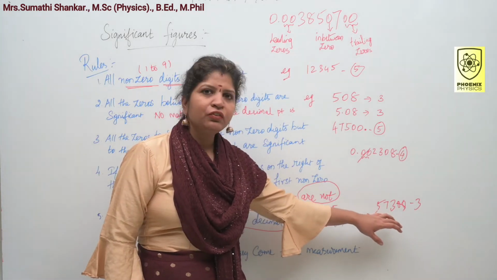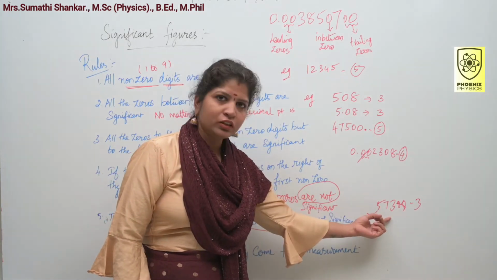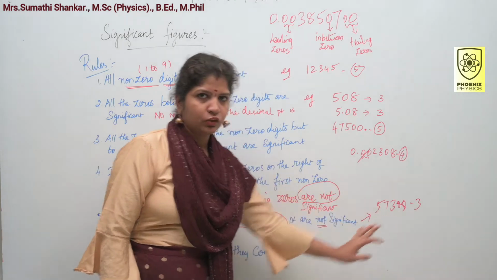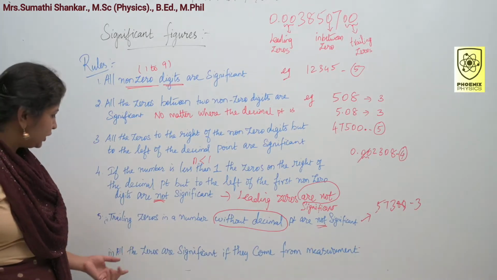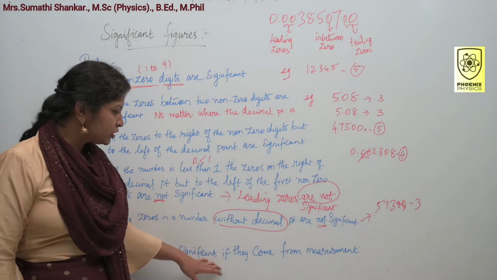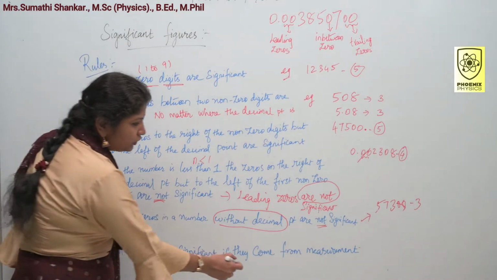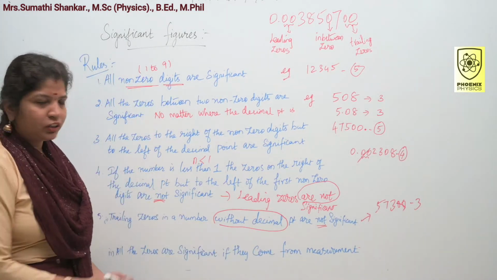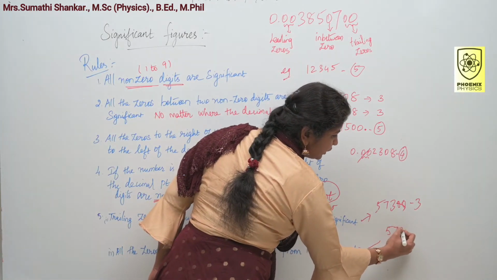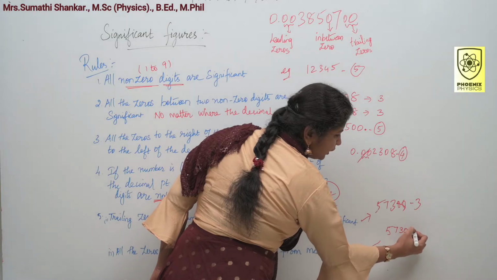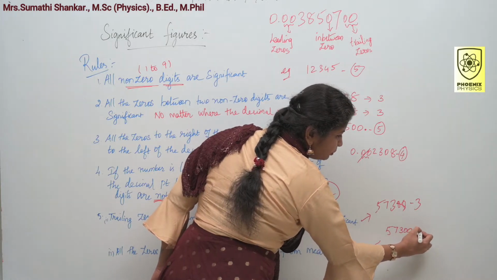What is the significant digits for this number? 3. And one more subdivision in the fifth point: all the zeros are significant if they come from measurement. What's the meaning? Same 57300. Here I am writing it as meter.